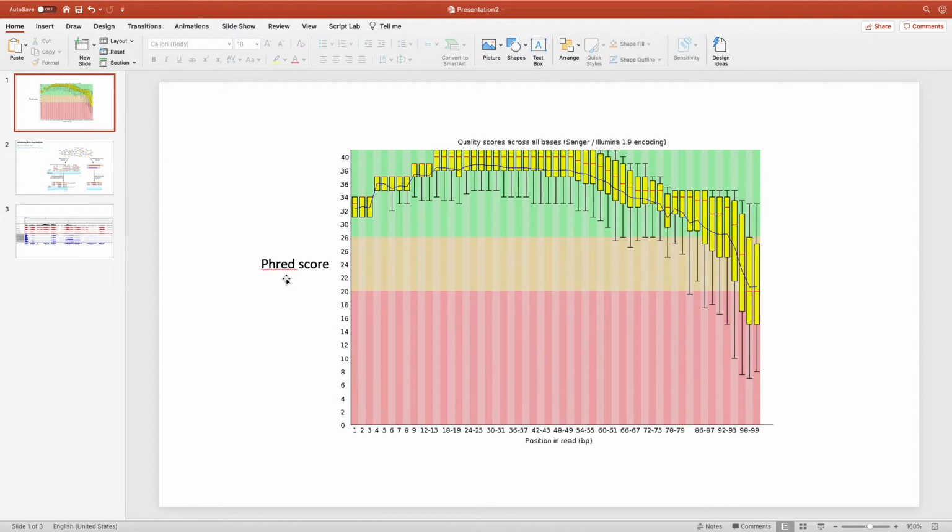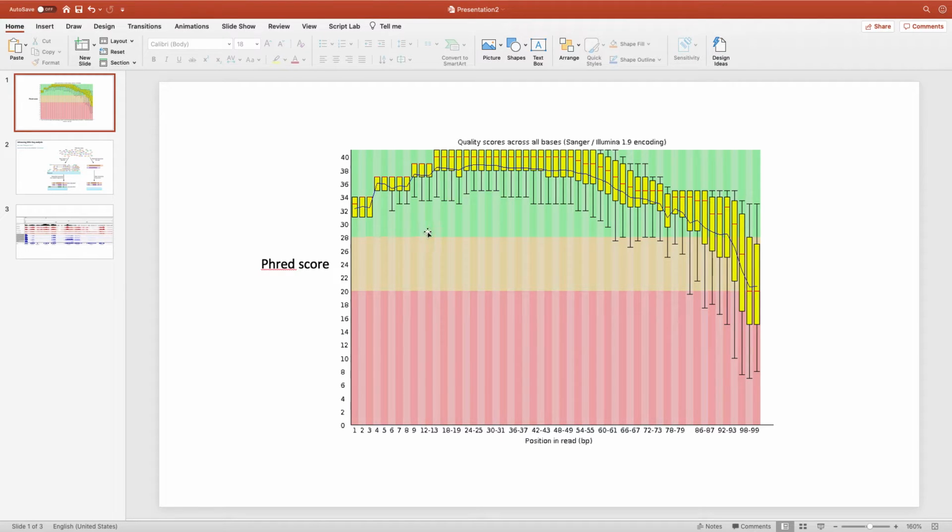And the y-axis is the Phred score. It's just the probability of error. So the higher the Phred score, the lower the probability of error, and it's usually represented in a box plot format. The general rule of thumb is that anything above 30 is really good. And if you just Google the Phred score, you can find a lot more detail about what these numbers actually mean.